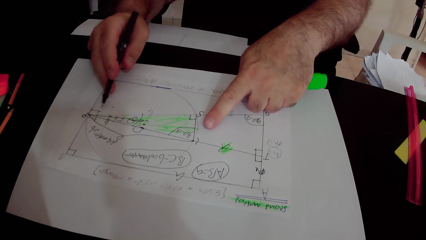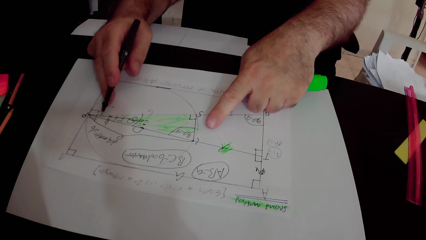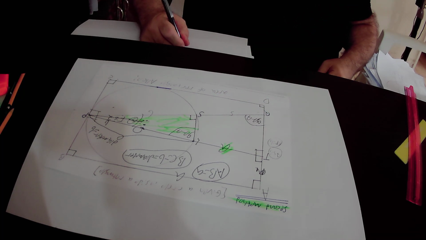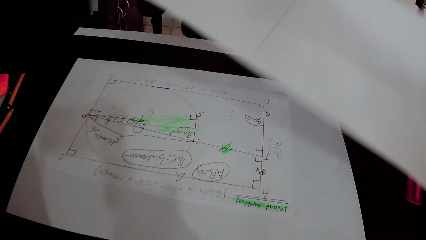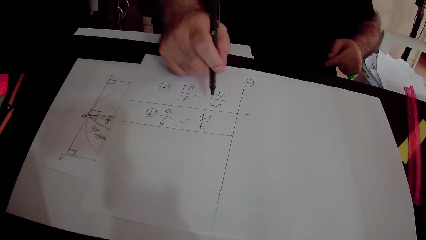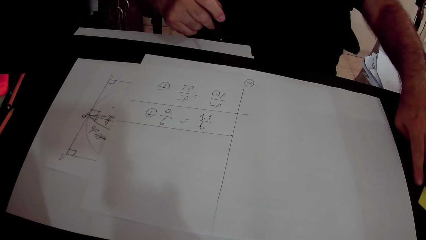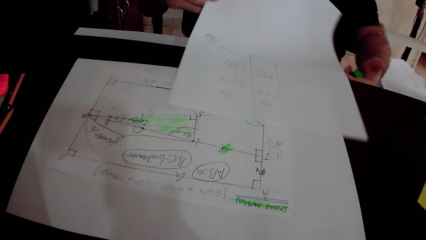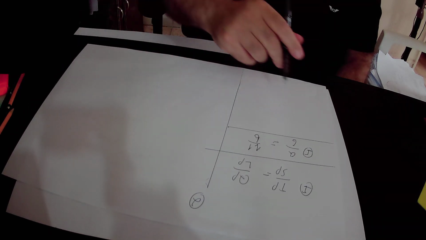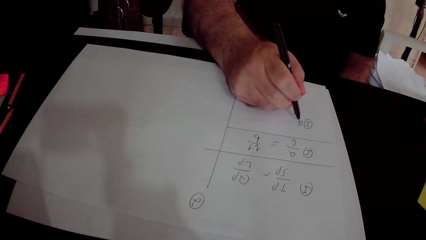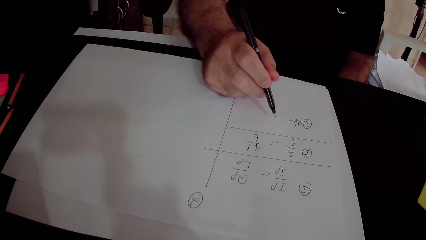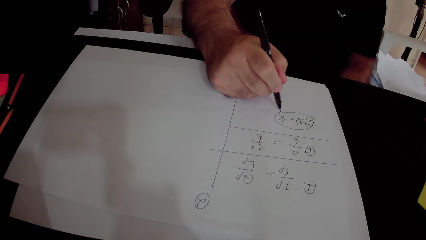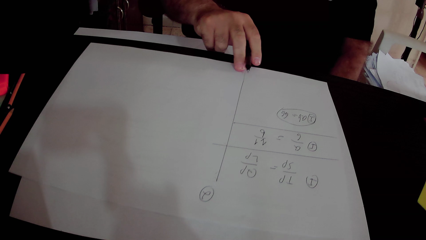LP is the diameter of the circle that is equal to B. So we substitute LP by B. So in conclusion, according to equation number 1, A over 6 equals 11 over B. Here we cross multiply equation number 1, and we will get that A times B equals 6 times 11, which is 66. So AB equals 66 according to equation number 1.